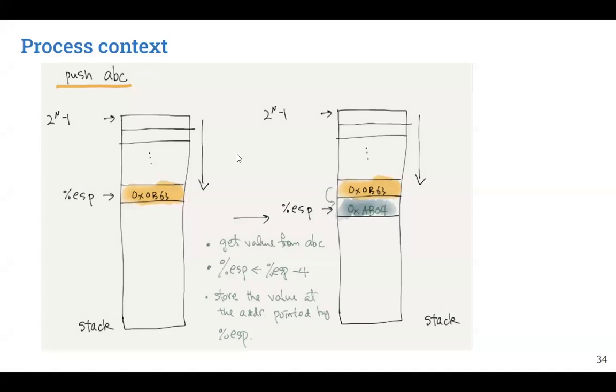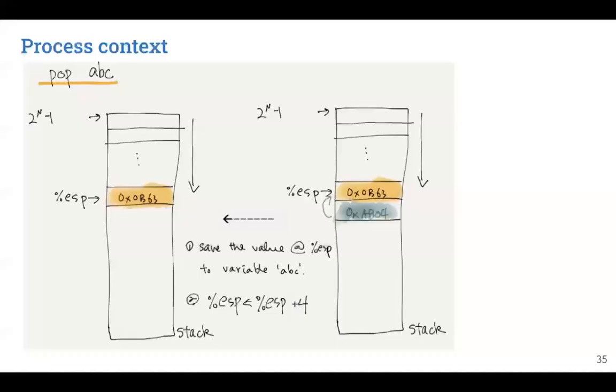If you push ABC, it gets the value from ABC and decrements ESP because the stack grows downwards, and then it stores the value at the address pointed to by ESP. If we call pop ABC, it saves the value at ESP to variable ABC, and then we increase ESP by 4 because the stack is reduced. So this is a brief explanation of how the stack behaves.